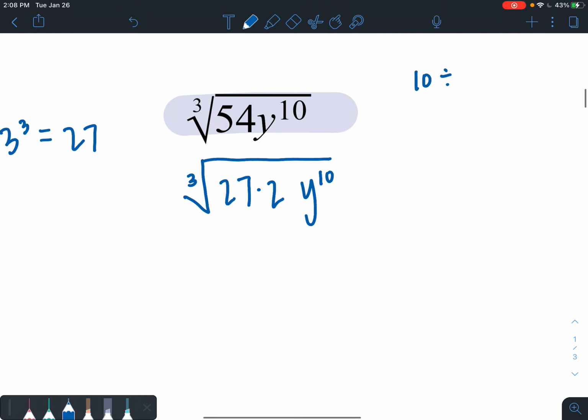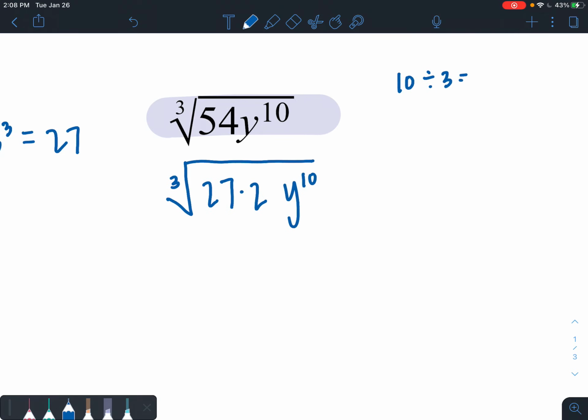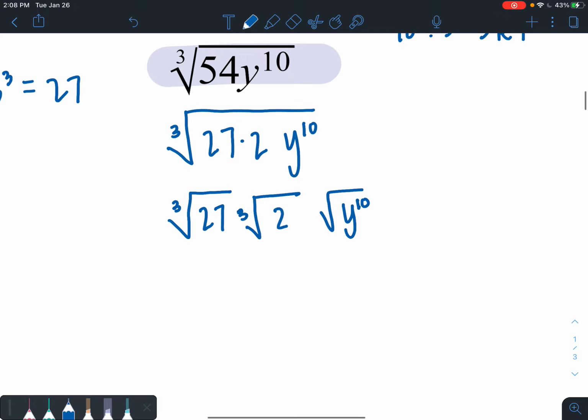10 divided by our index 3 is 3 remainder 1. So we're left with the cube root of 27 times cube root of 2, and then cube root of y to the 10th.